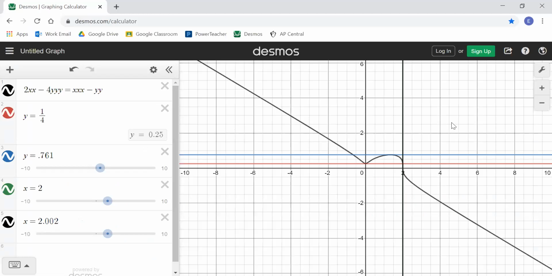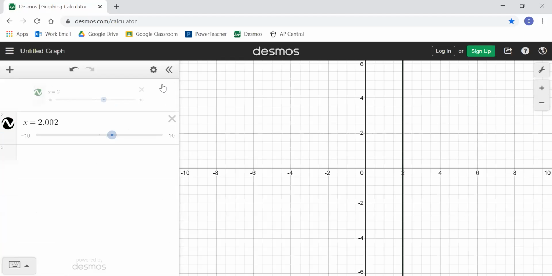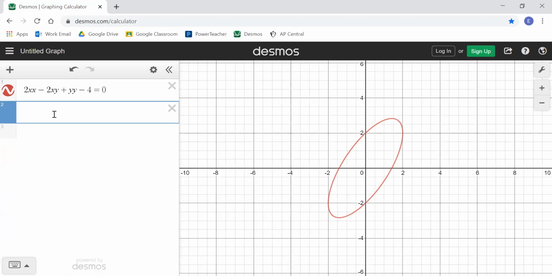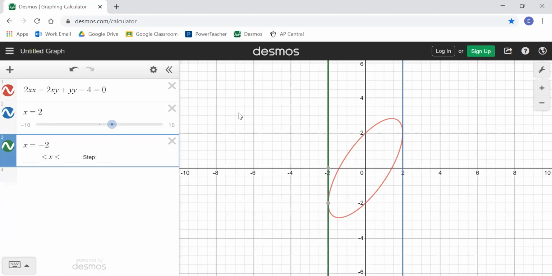All right. So we go back to Desmos here. Let's see. I think I remember this one. This one was 2x squared minus 2xy plus y squared equals 4, or minus 4 equals 0, right? It should be an ellipse. Yeah, there's our ellipse. And we ended up with x equals 2 and x equals negative 2 as our locations of the vertical tangent lines.